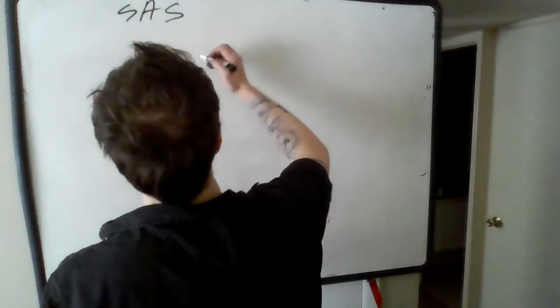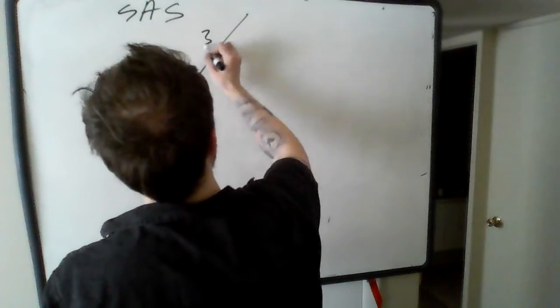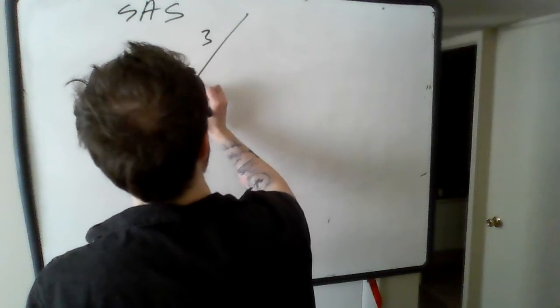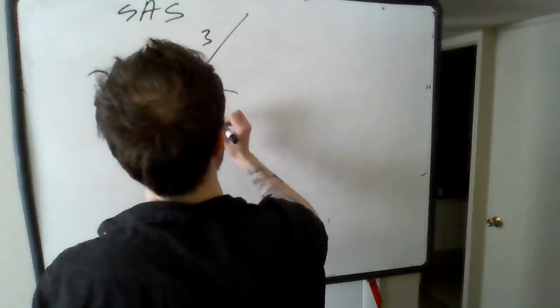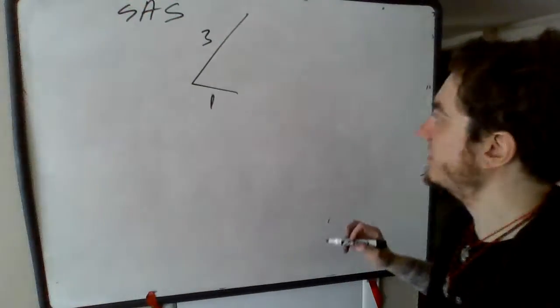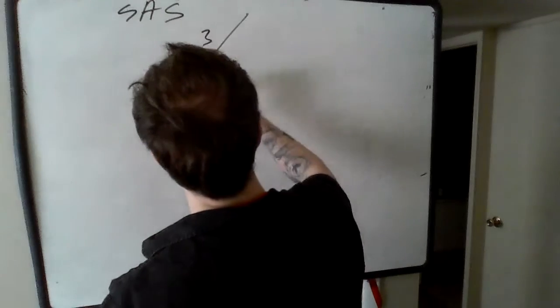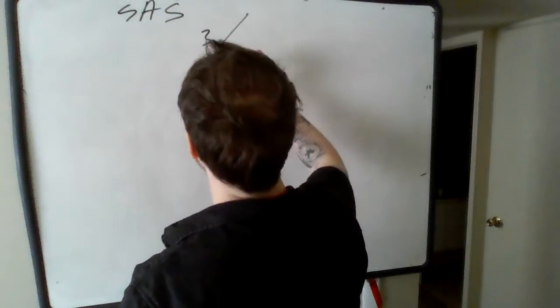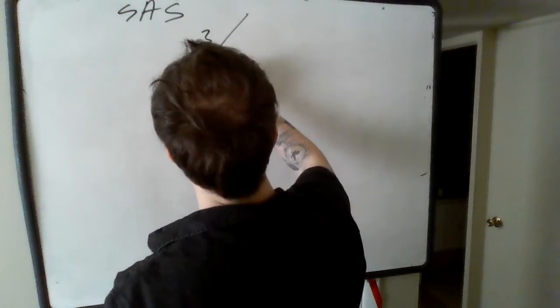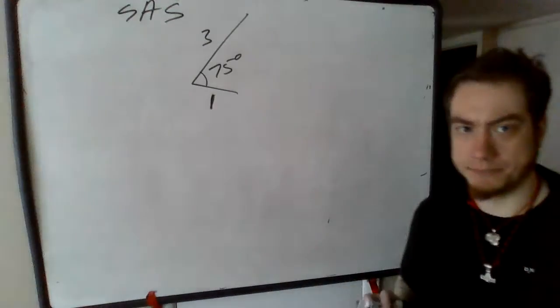So let's suppose that I give you a triangle and I say, okay, this triangle has one side of length 3 and one side of length 1. And I also tell you that this angle in the middle here is 75 degrees.